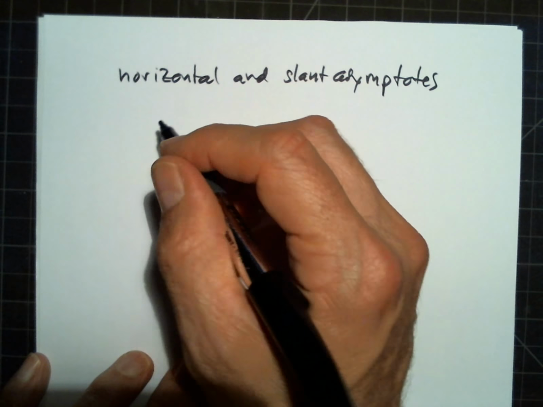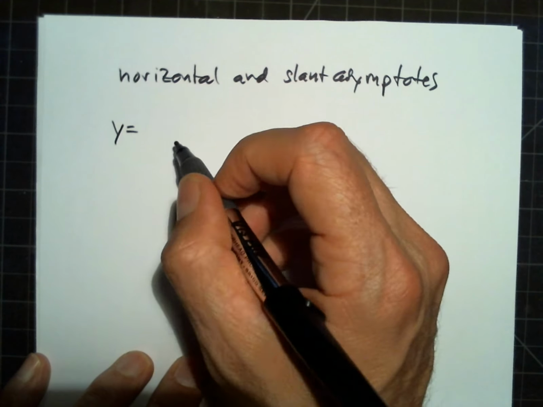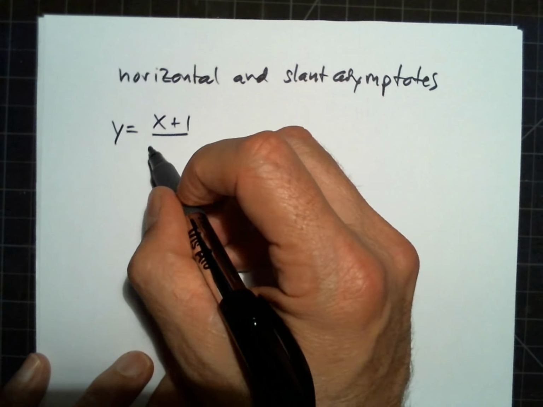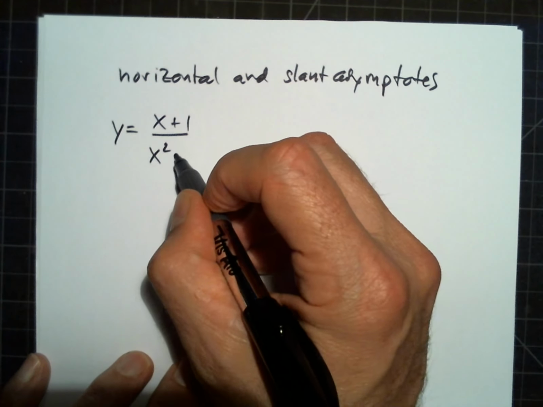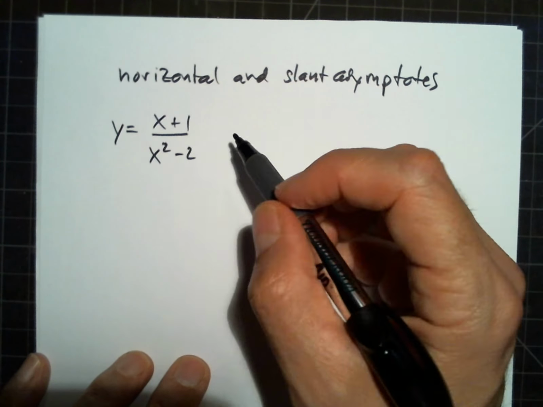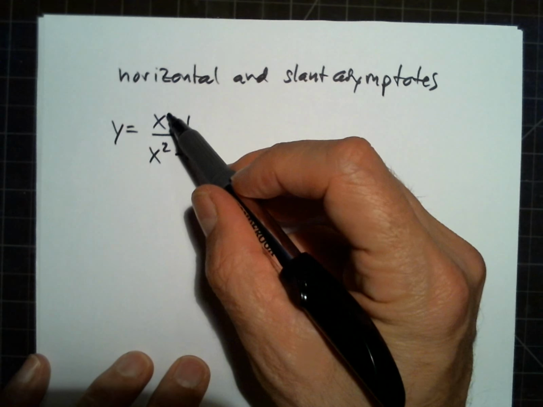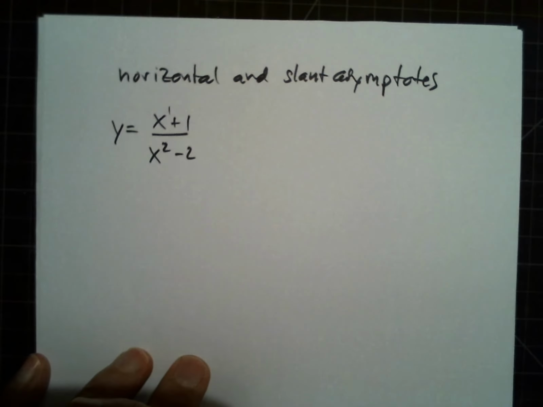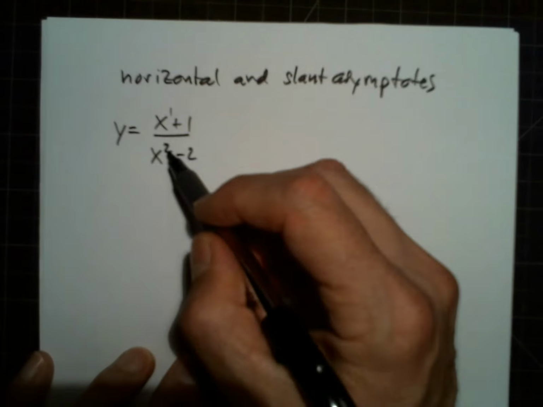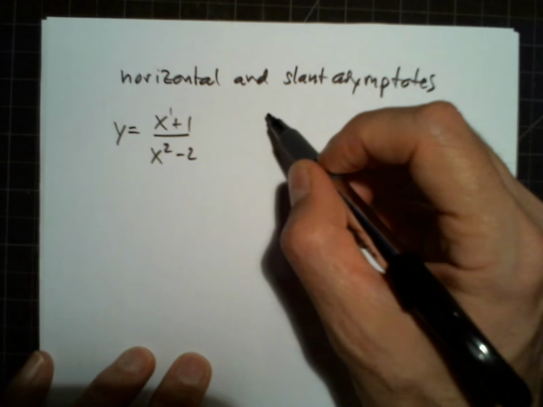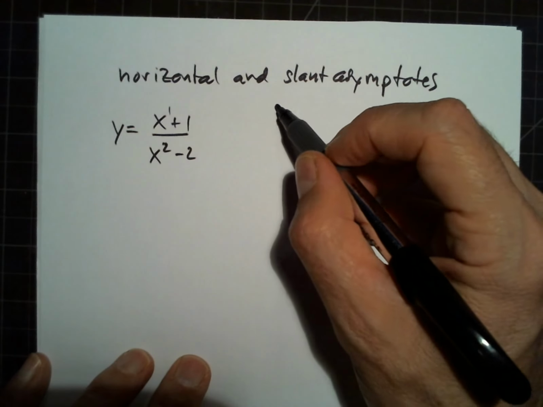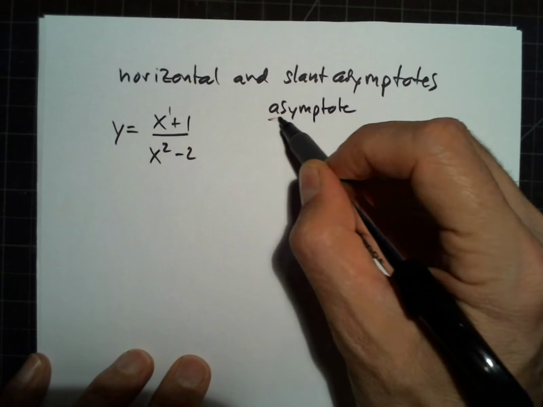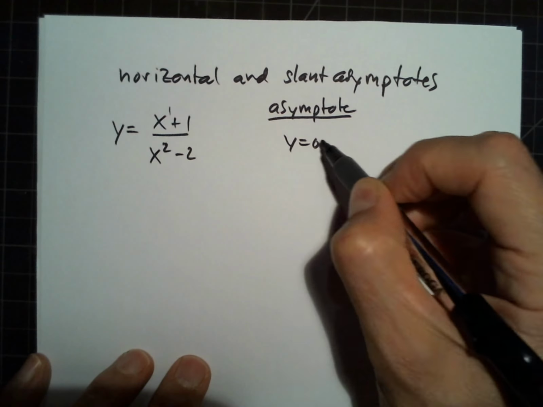And I think it's just best to look at some numbers here. All right, so the highest exponent is 1, and the highest exponent down in the denominator is 2. So if the denominator has a higher exponent, then the asymptote is y equals 0.